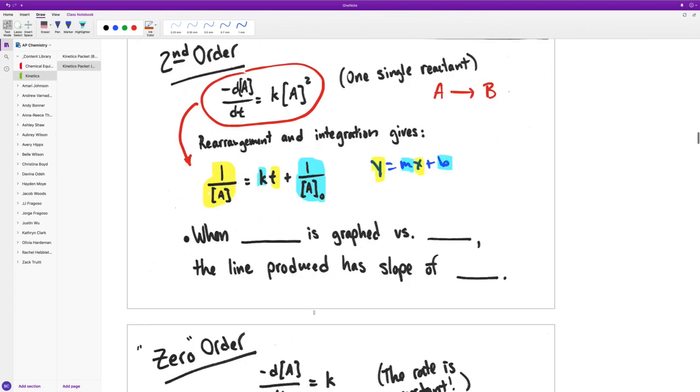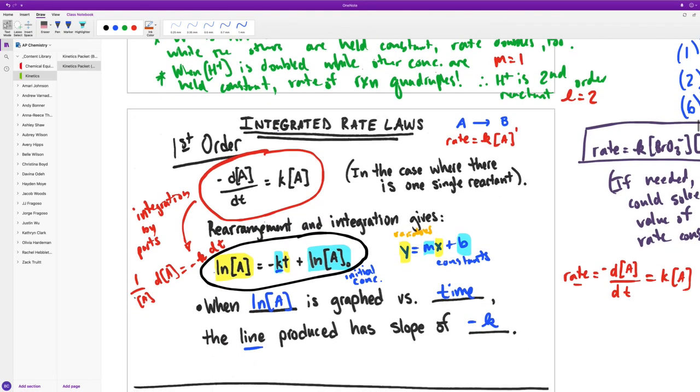And so if your reaction actually is second order, and you graph this stuff, you'll get a line. So when you graph the reciprocal of concentration versus time, then you get a line. And the line has a slope of k, positive k this time. Okay? And so whether it's first order or second order, there are ways to graph the data which will generate a line.